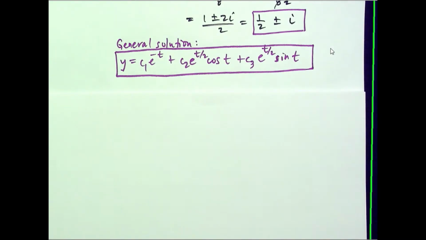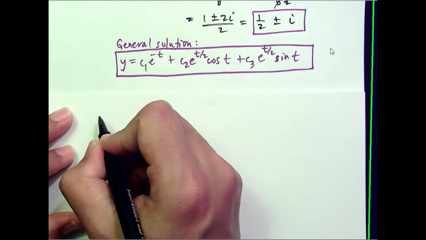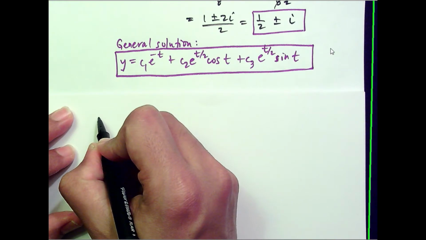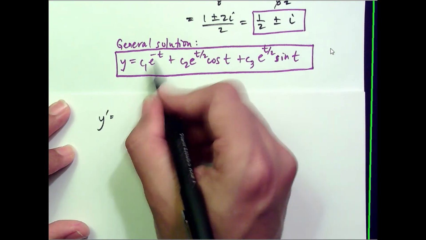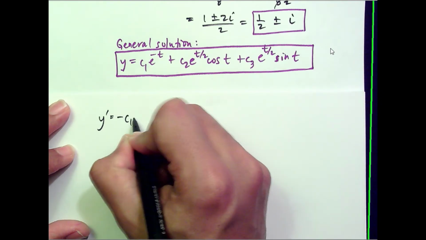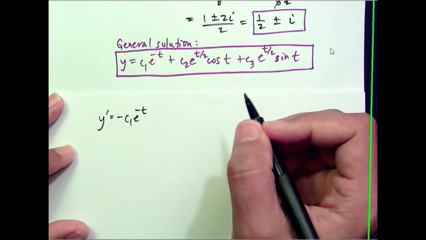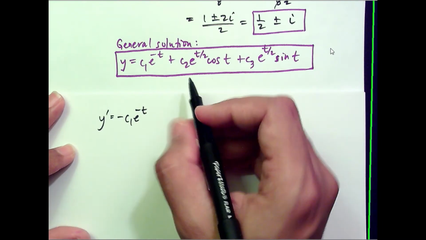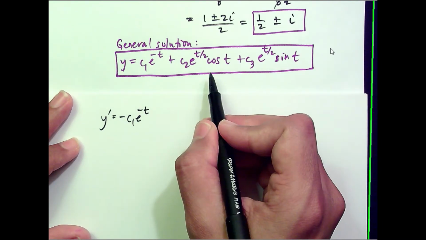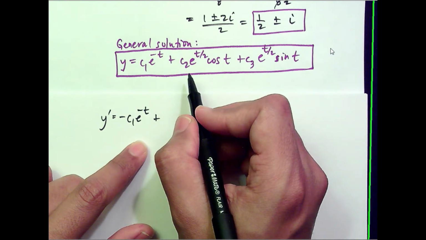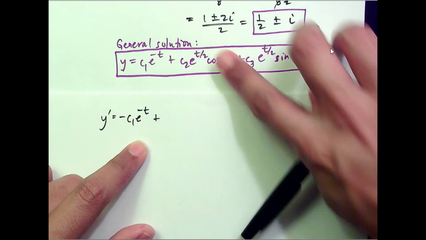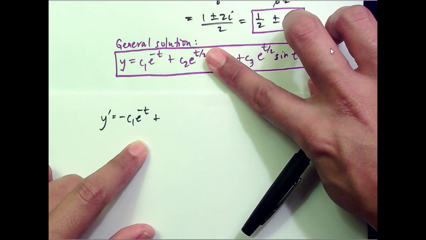Okay, so let's find the first derivative. So the first derivative is going to be, the derivative of that part is negative c1 e to the negative t. The derivative of that, that's a product rule right there. So it's going to be the derivative of the first. So the first is just the exponential part.